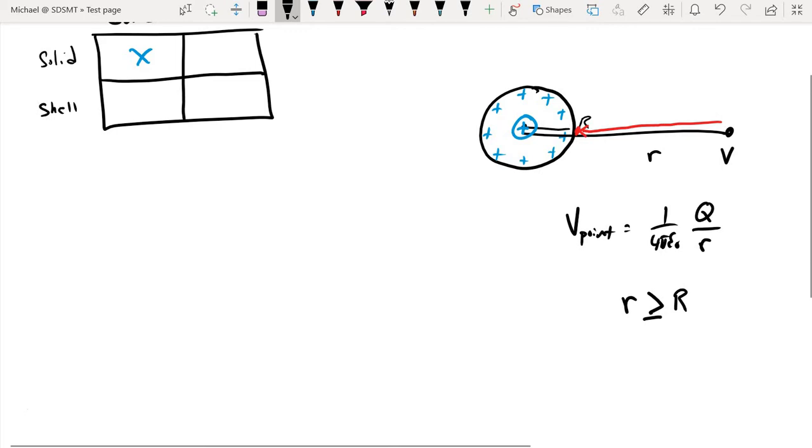As long as we're outside of the charge, the sphere will act like a point. This is true whether it's the electric field or the electric potential that we're trying to measure. This really saves us time, because we don't have to set up a bunch of integrations just to tell us what we should already know.